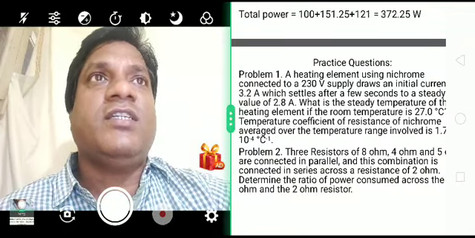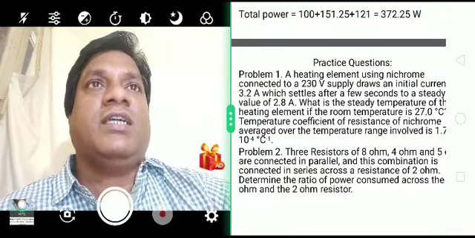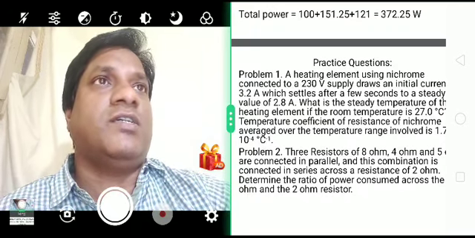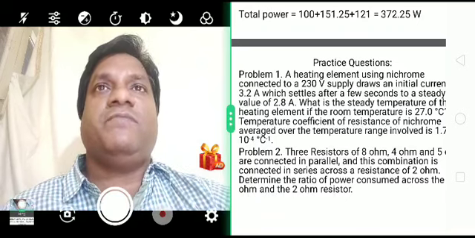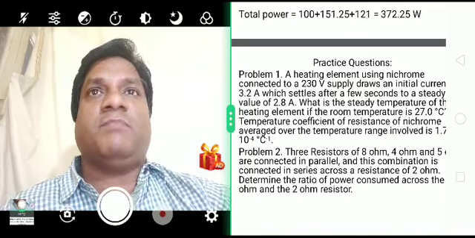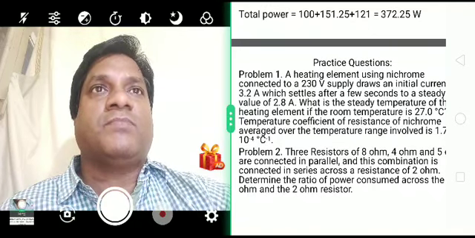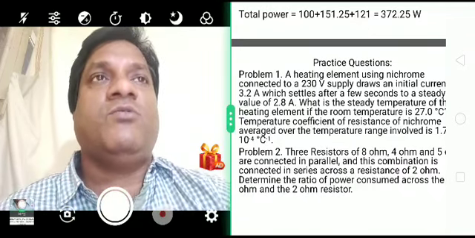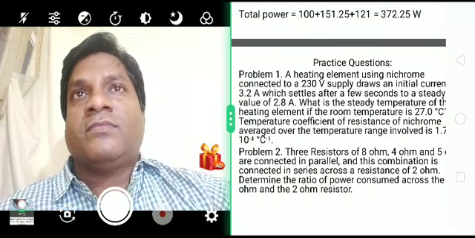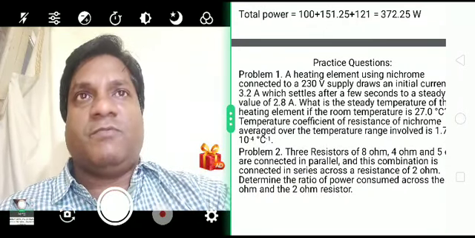What is the steady temperature of the heating element if the room temperature is 27.0 degrees centigrade? The temperature coefficient of resistance of nichrome, averaged over the temperature range involved, is 1.7 into 10 to the power minus 4 per degree centigrade. This is a problem from the NCERT textbook.